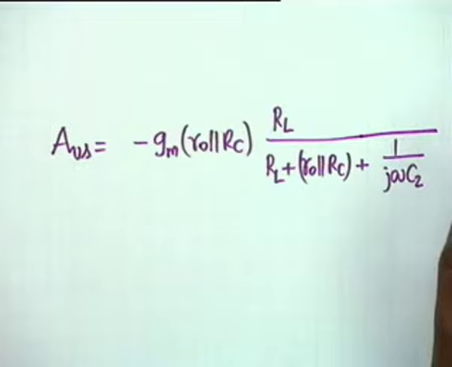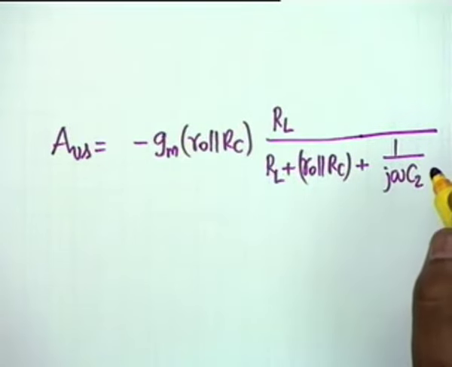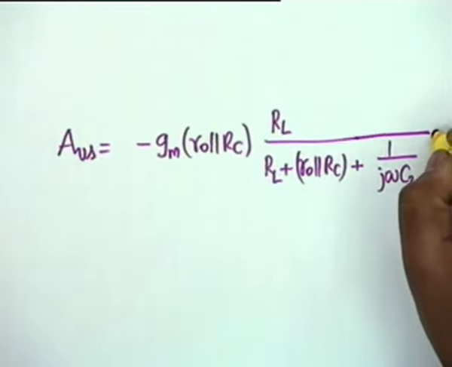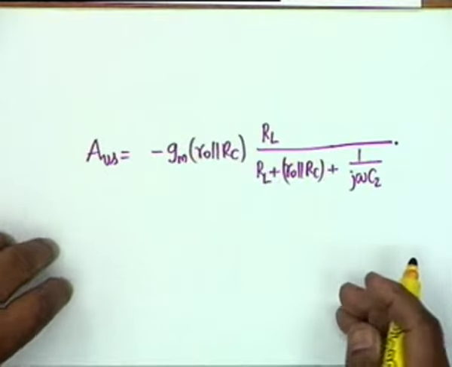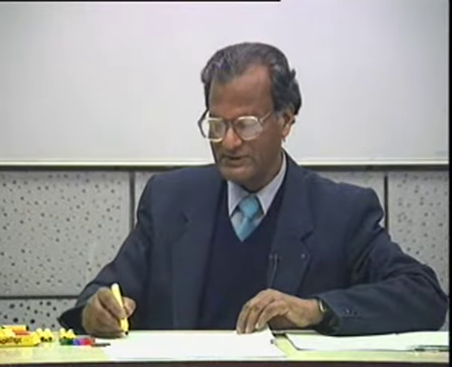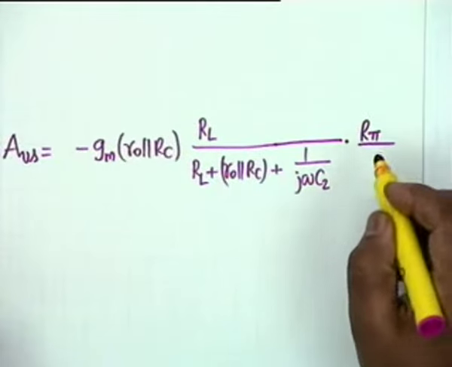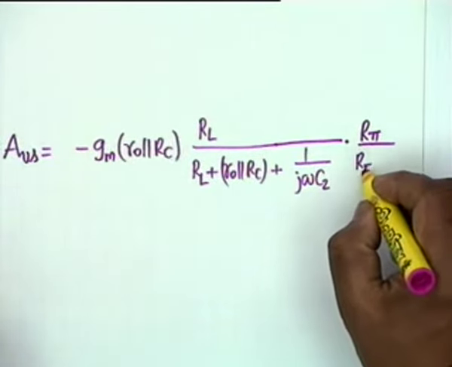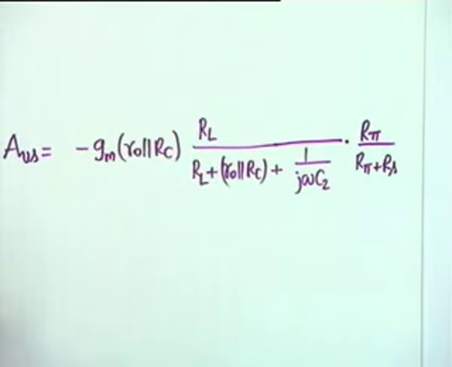This is V0 by V pi. Then this should be multiplied by V pi by Vs, which is R pi divided by R pi plus Rs. Agreed?